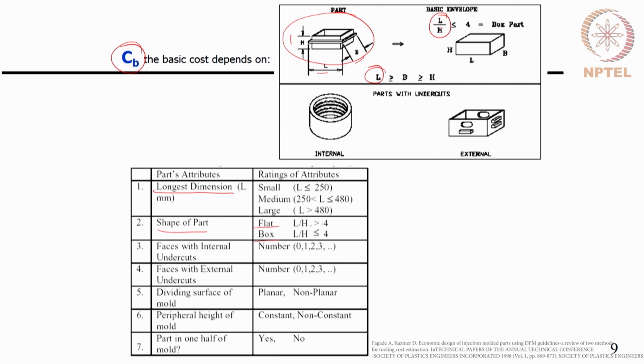L is the largest dimension and H is the smallest dimension. If L by H is less than 4, then it is categorized as a box part, otherwise it is considered a flat part. For example, if I am preparing a mold for the plastic component associated with this monitor, it will be a flat part.